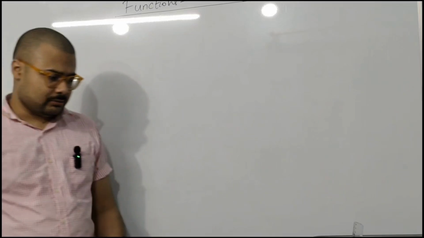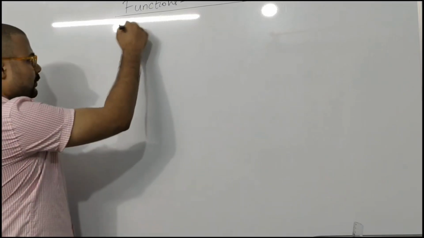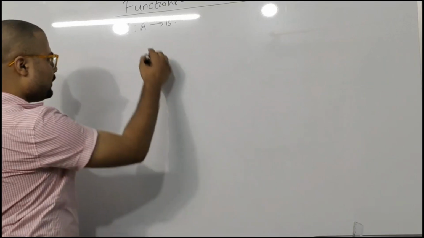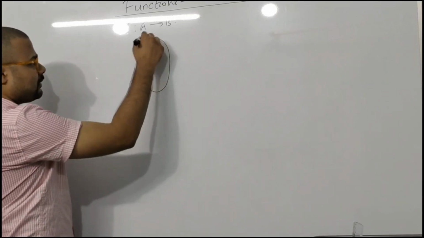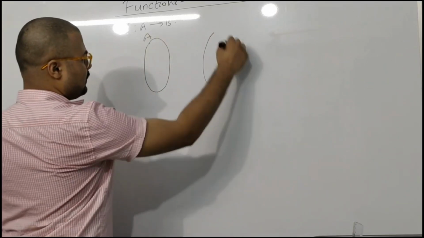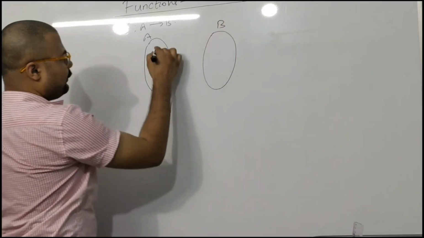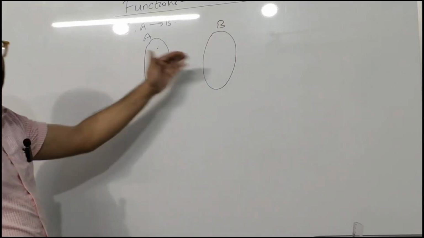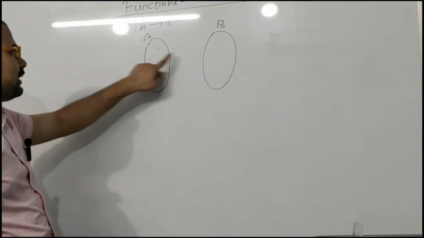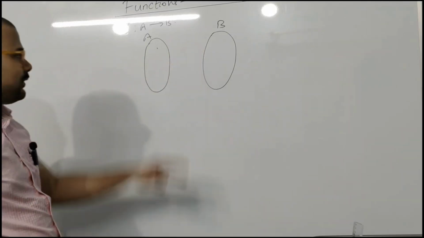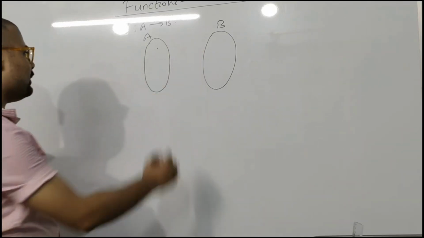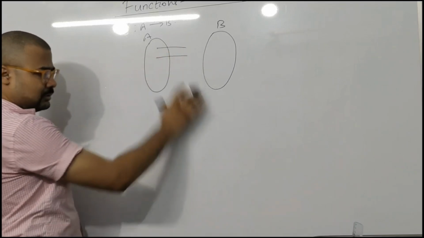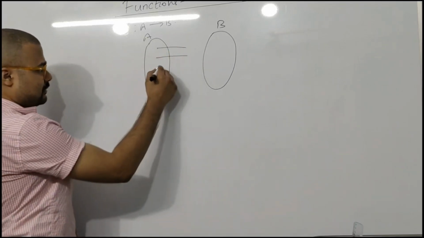We know that if function f is from A to B, and this is your set A and this is your set B, then for any element of A there is exactly one image, exactly one, every element is uniquely mapped. So from any element, there's exactly one edge that goes out of it, in this representation.